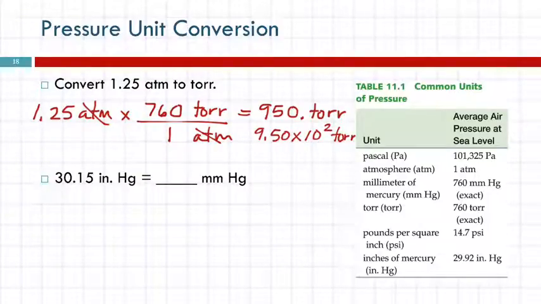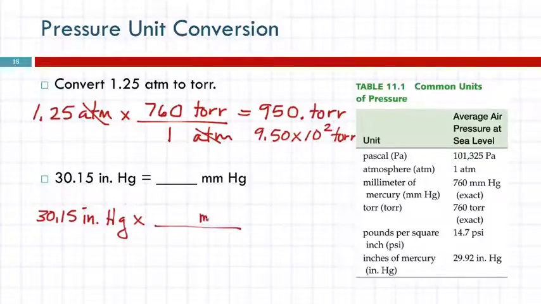Any questions? Let's do inches of mercury to millimeters of mercury. 30.15 inches of mercury. And I want to convert to millimeters. So I'm going to put millimeters of mercury in the numerator and inches of mercury in the denominator so that my units cancel out.